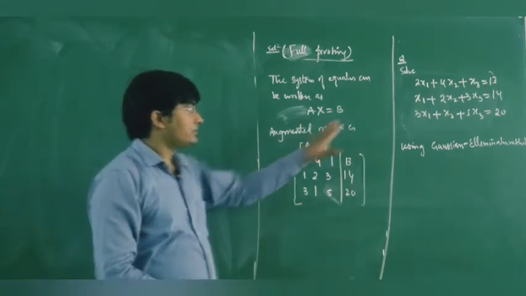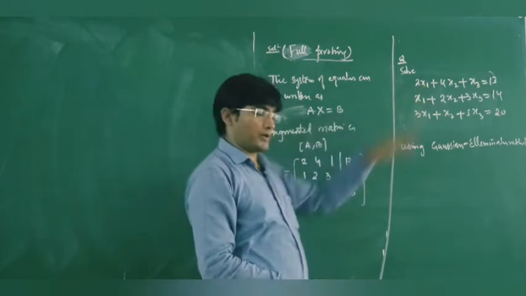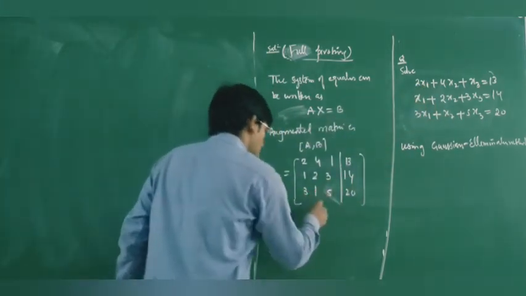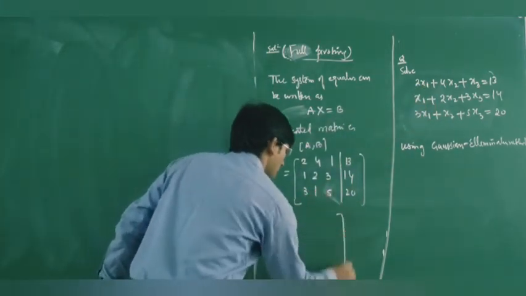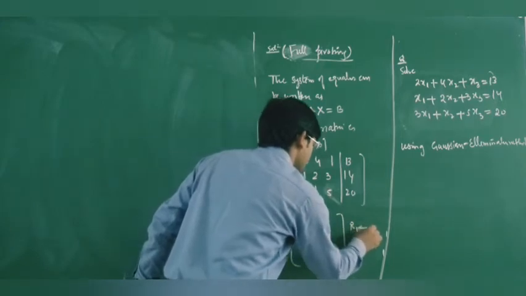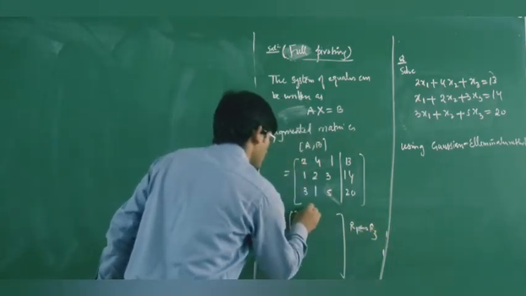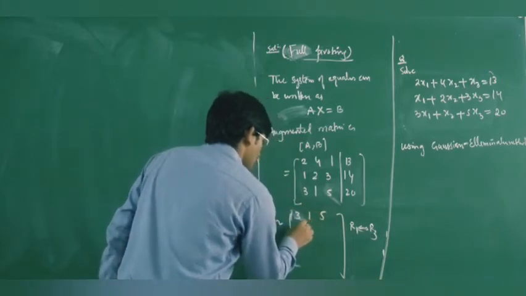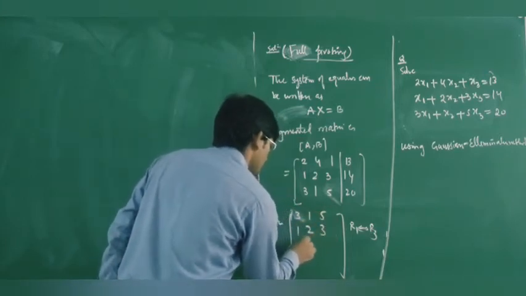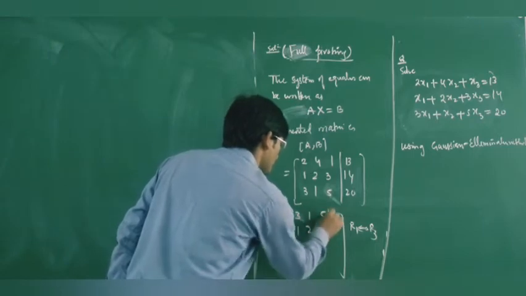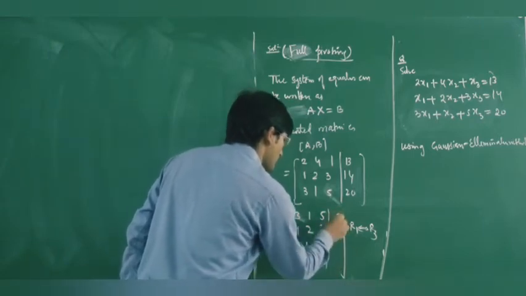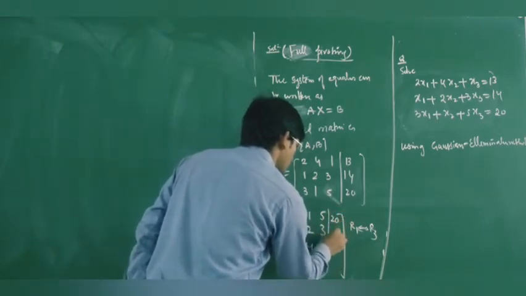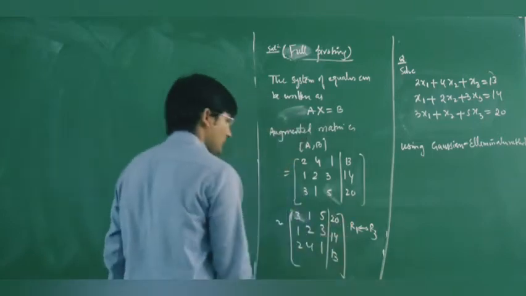Only in that case will this system of equations be satisfied. So let us interchange R1 and R3. This is 3, 1, 5, then 1, 2, 3, then 2, 4, 1, and the right hand side is 20, 14 and 13.